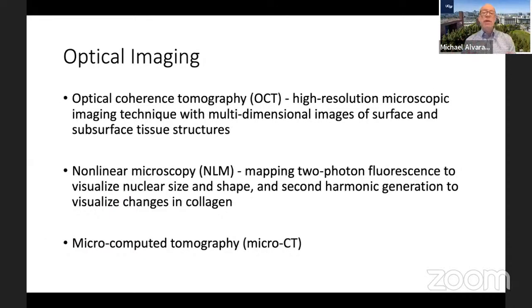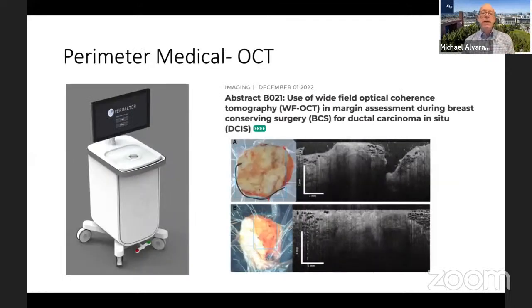Optical imaging, again, using these high resolution microscopic imaging techniques. Nonlinear microscopy, microcomputed tomography, micro CT. Again, big technology to look at margins. And you can see here, which I thought was interesting, this optical imaging system by Perimeter. And they had this abstract in December at the AACR looking at margin assessment for DCIS.